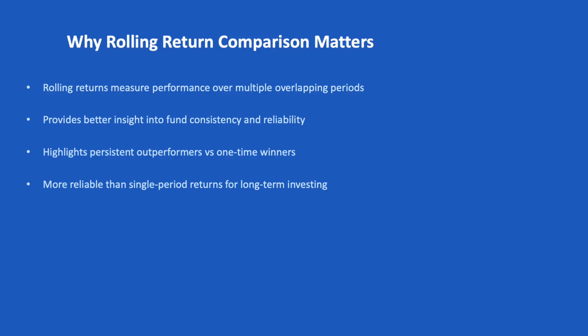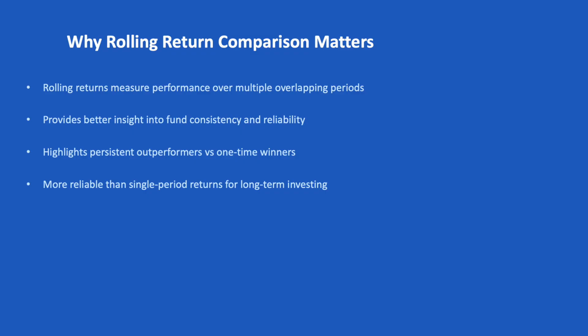Now I present the comparison using rolling returns as it provides better insight into the consistent performance of funds, and not just relying on one-time winners. This is particularly important for a retirement portfolio because consistency is the key. Funds with consistent performance are more likely to provide the same in the future.